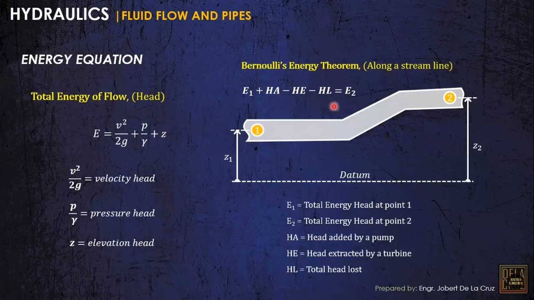Dito naman, if head loss is considered, or the friction between the pipe and the fluid passing in this streamline is considered, then we can have the head loss. So in reality, may head loss talaga. No? But some problems neglect head loss. Right? That is equals to energy at point 2. So later on our sample problems, papakita natin how to interpret the energy grade line para mas maintindihan natin yung Bernoullis equation. Okay?